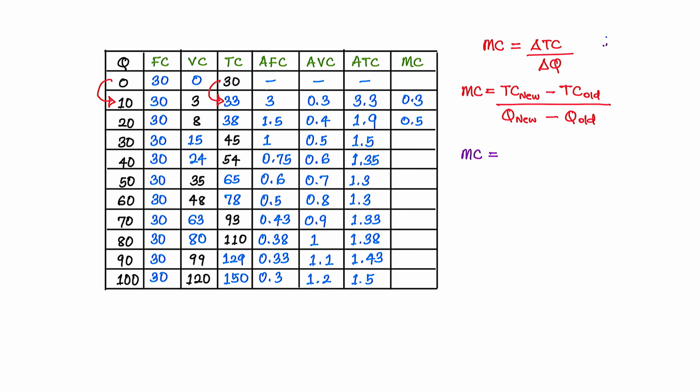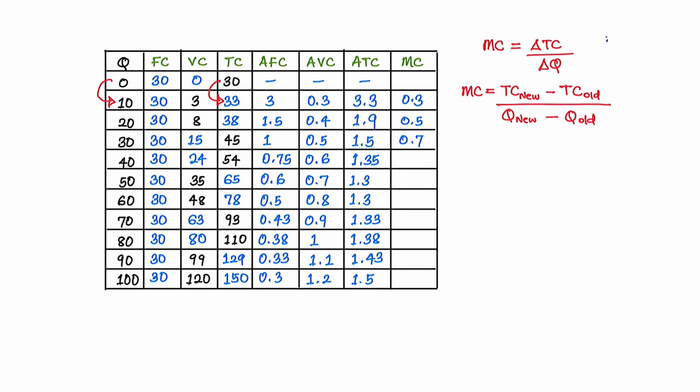That means 45 minus 38 divided by 30 minus 20. So the marginal cost equals 45 minus 38 is 7, divided by 30 minus 20 is 10. Hence, simplifying, the marginal cost is equal to 0.7. The incremental cost per unit is 0.7 at this level.